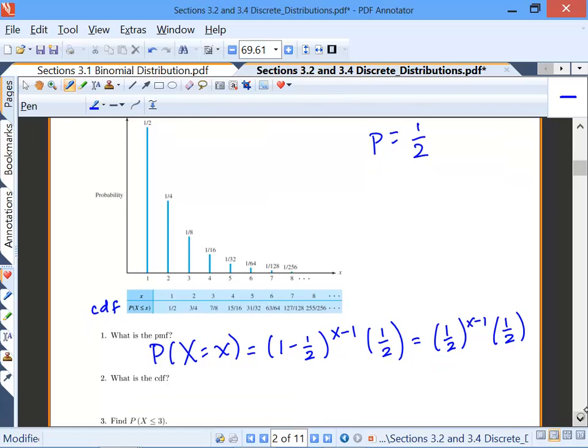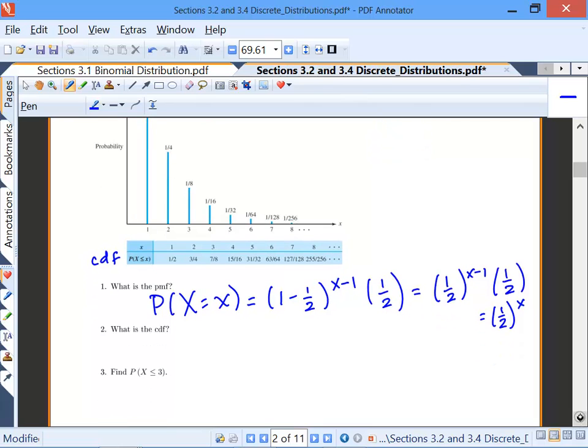And just on this one problem, how can I simplify that even further? 1/2 to the power of x. Okay. It doesn't usually simplify that nicely. And what is the CDF? So for that we need the formula.